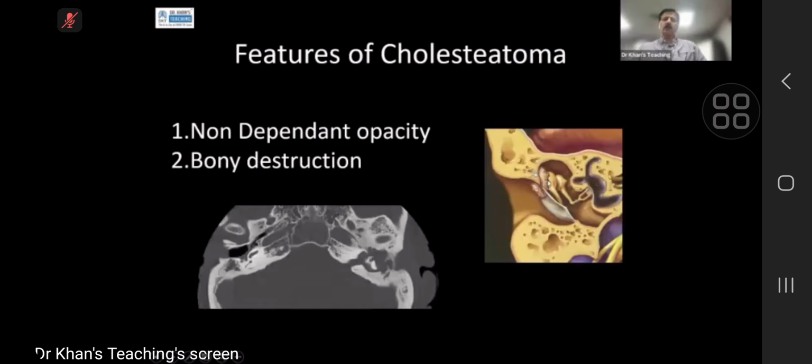So they keep growing and they have got keratin inside. That becomes a ball, and that ball keeps growing. And this keratin has got some properties of absorbing the bone. It takes years and years to develop, but gradually it will destroy the structures.